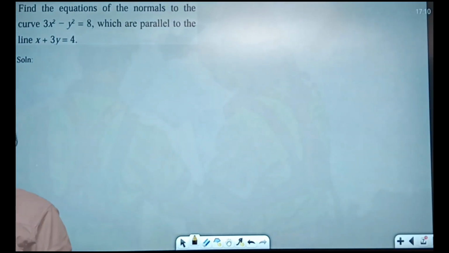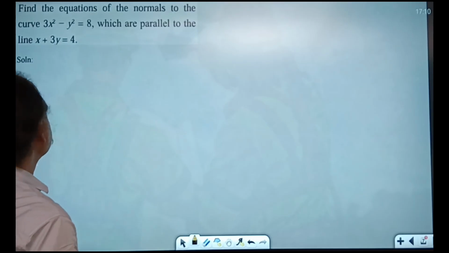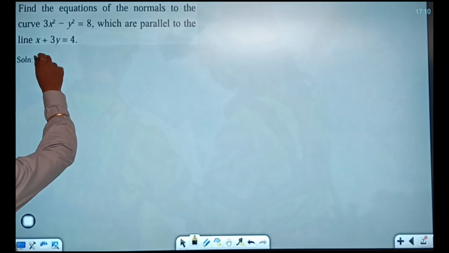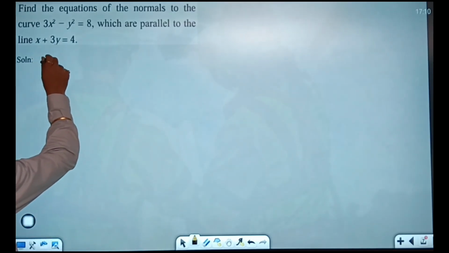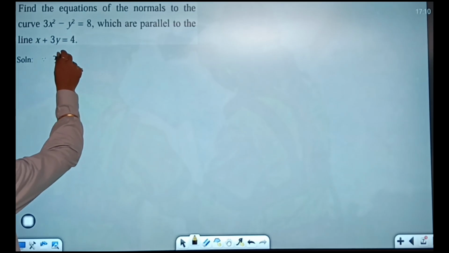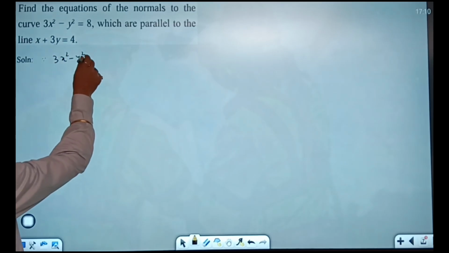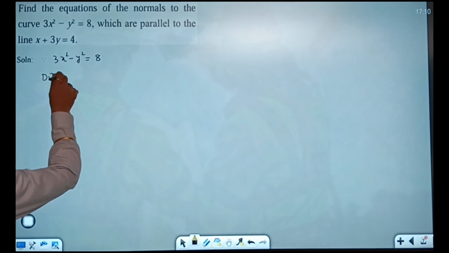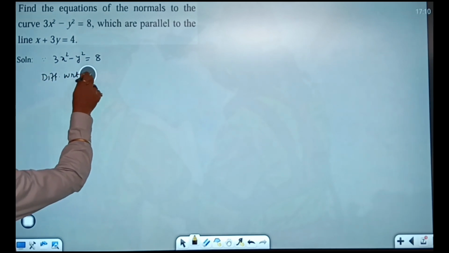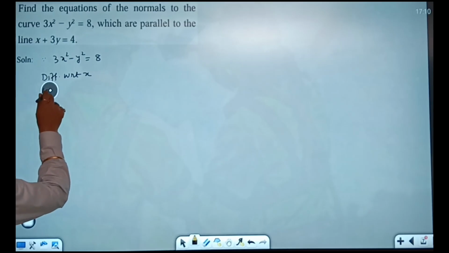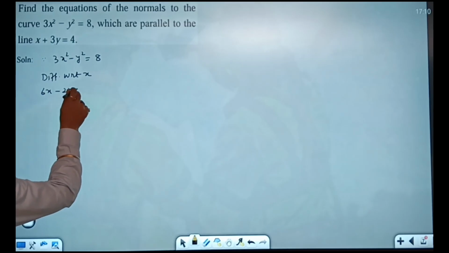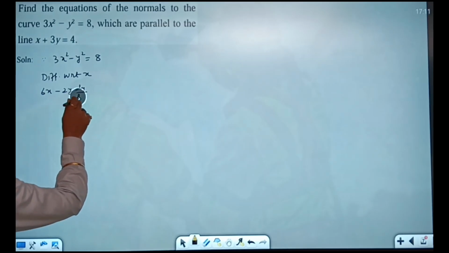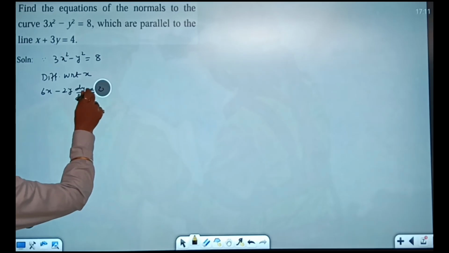Find equations of normals to the curve 3x square minus y square is equal to 8, which are parallel to the line x plus 3y is equal to 4. Since 3x square minus y square is equal to 8, differentiating with respect to x, 6x minus 2y dy by dx is equal to 0.